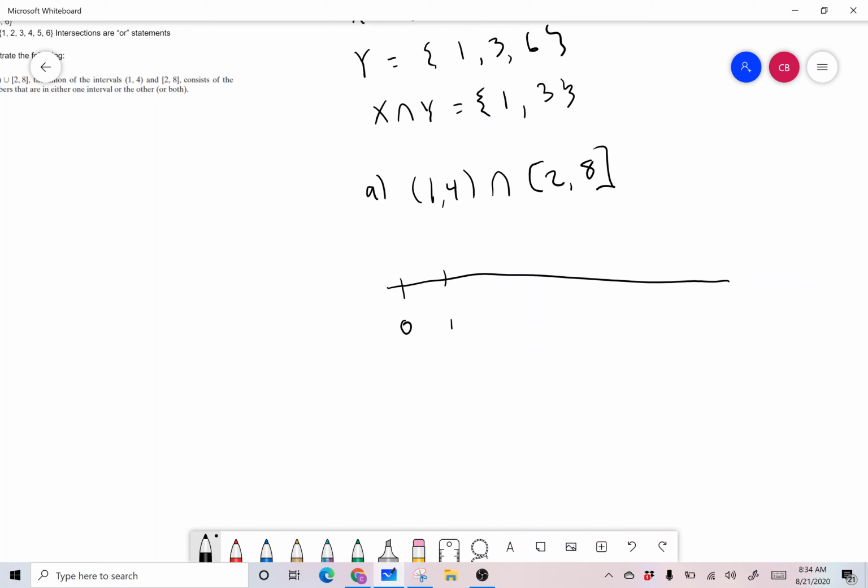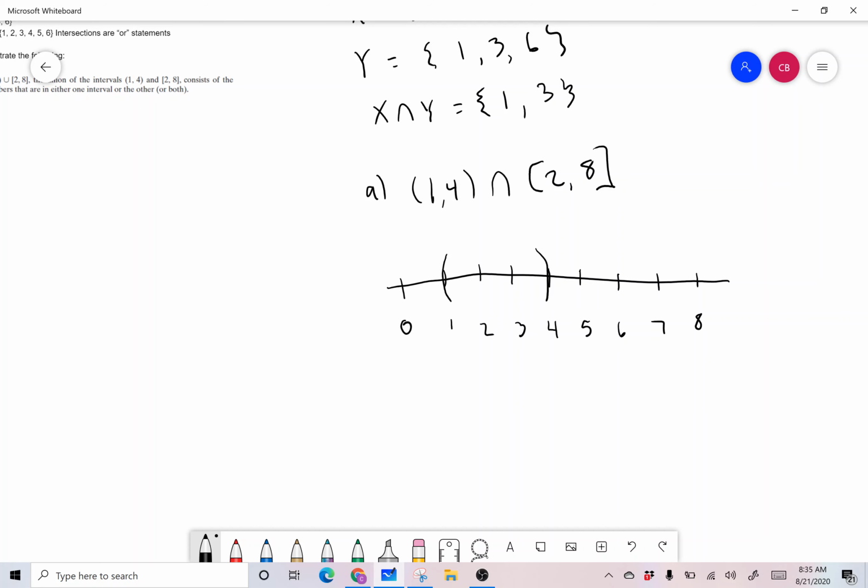Here's 1, 2, 5, 6, 7, and 8. Okay, so the first interval is 1 through 4, so we're just going to draw parentheses here, 1 through 4.